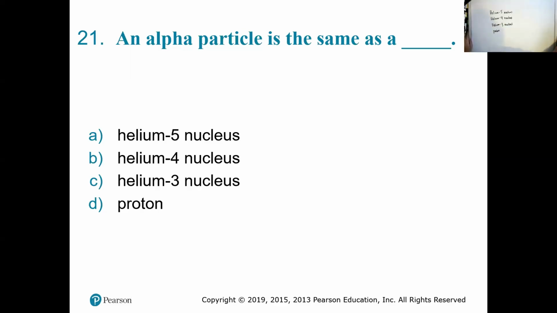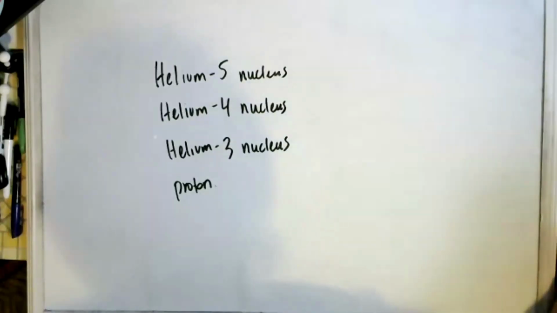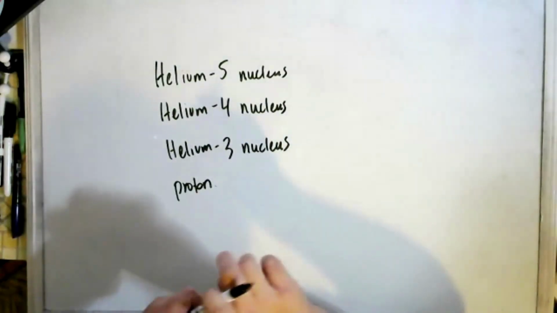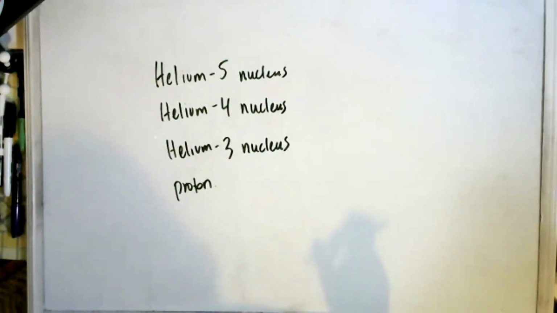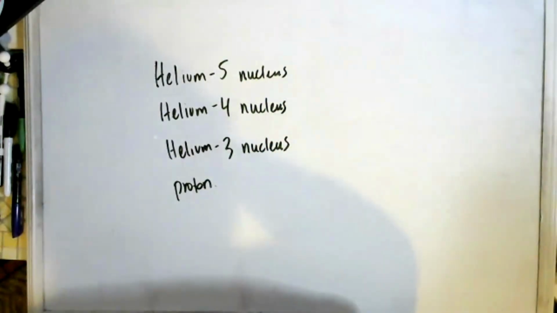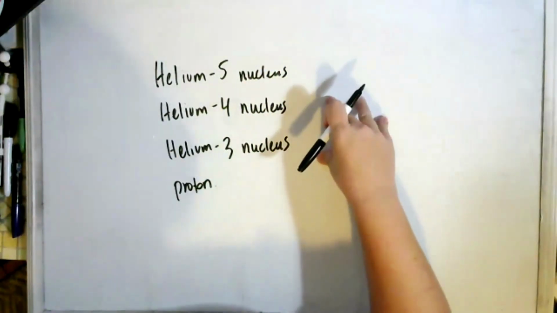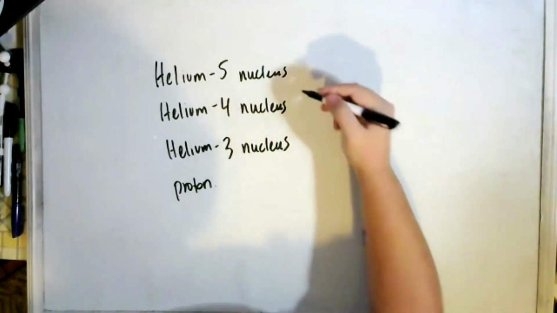All right, let's sketch out what each of these are. So let's look at each of what these things mean, because I think that if we understand what the words are saying here, then it makes the answer a little bit easier.